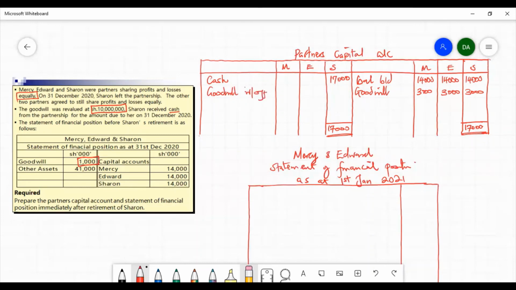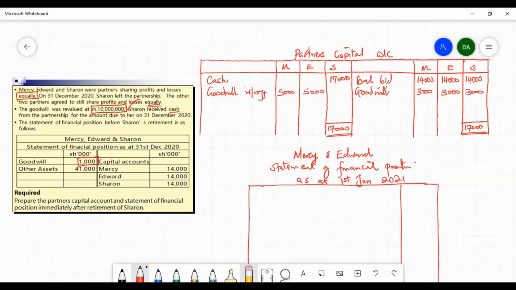Goodwill written off in this case is the total amount of goodwill, and that amount is 10 million. Therefore, we have 10 million being shared between the remaining partners, and the remaining partners are sharing profits and losses equally. That means 10 million is shared equally between Mercy and Edward, and that is 5 million each.